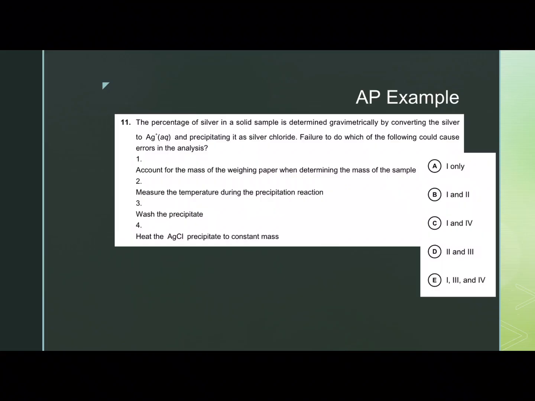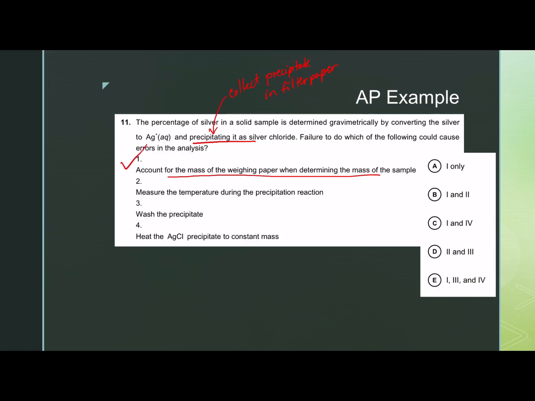This question is about gravimetric analysis, so you have to recall what I said the procedure was to obtain that precipitate as silver chloride and what types of things would disrupt the experimental procedure and result in errors in your analysis. So the first option here is failing to weigh the mass of the filter paper.